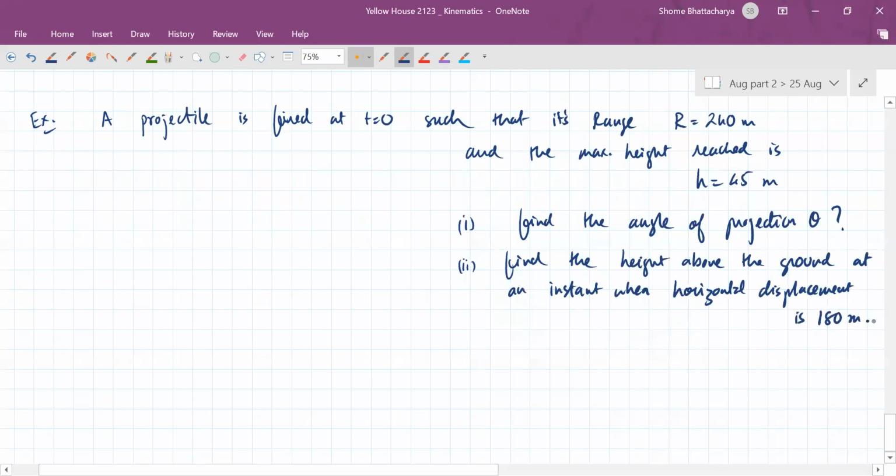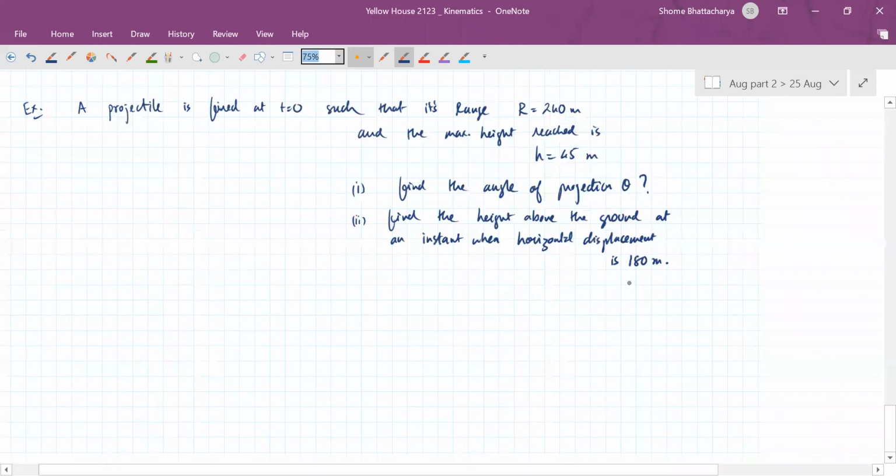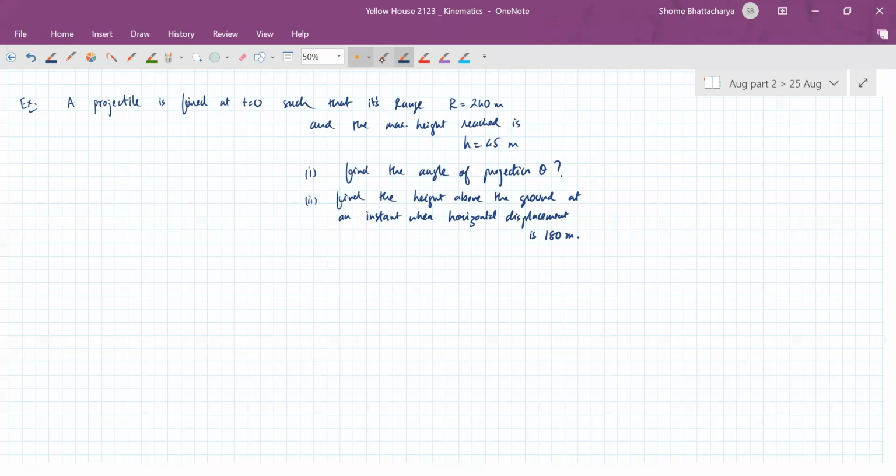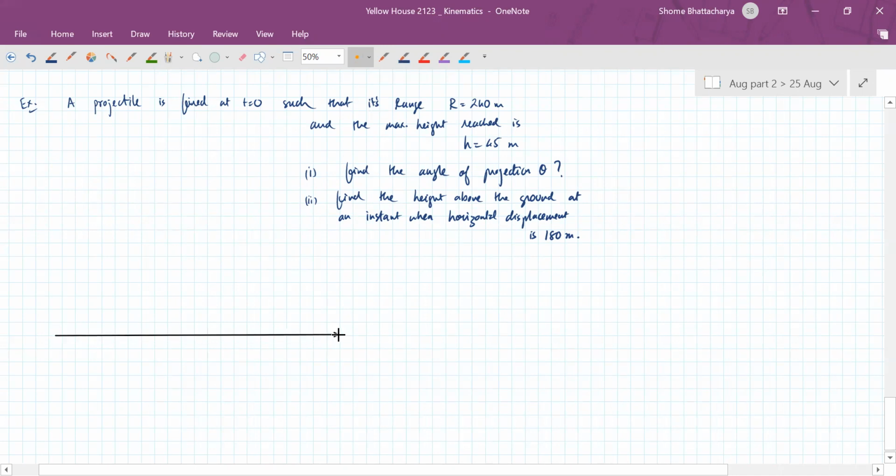When it has covered a horizontal displacement of 180 meters, we want to find out the height above the ground. First, let's visualize the problem. Then we will see how we can use the equation of trajectory to really simplify the question. I'll also show you how, if we don't use it, we can still come to the answer from the standard formulae, but it will be much more complicated.